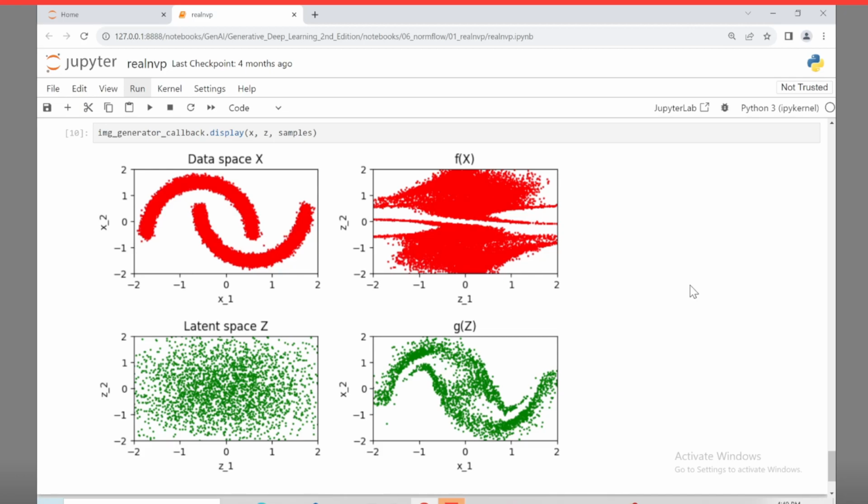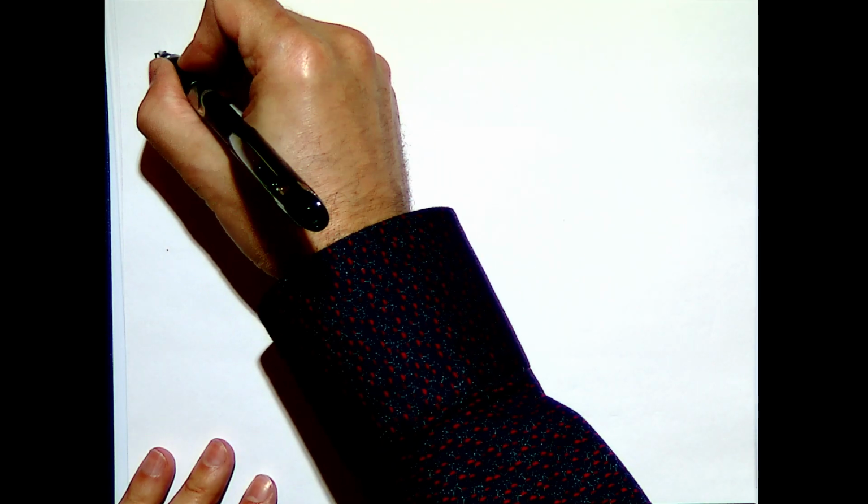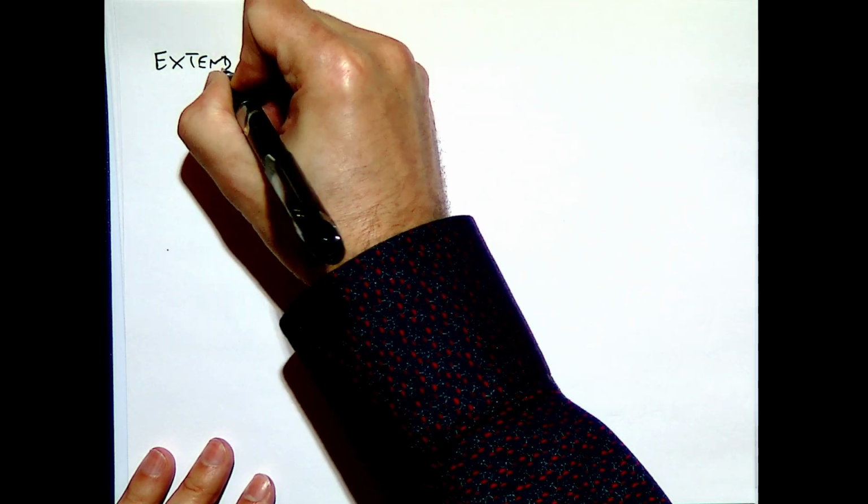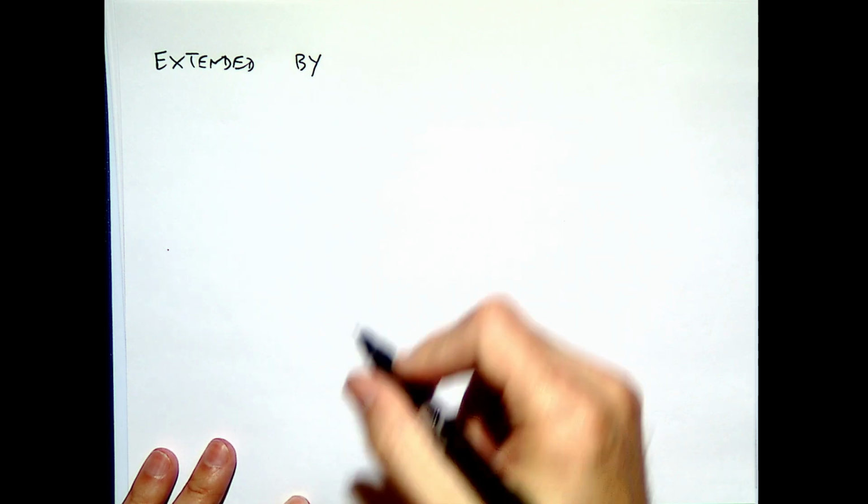And of course, this is just a total toy example. But it was shown that I could use this to do basically generative synthesis of, for example, face images, right? So from this simple model, this was extended by a paper called GLOW.